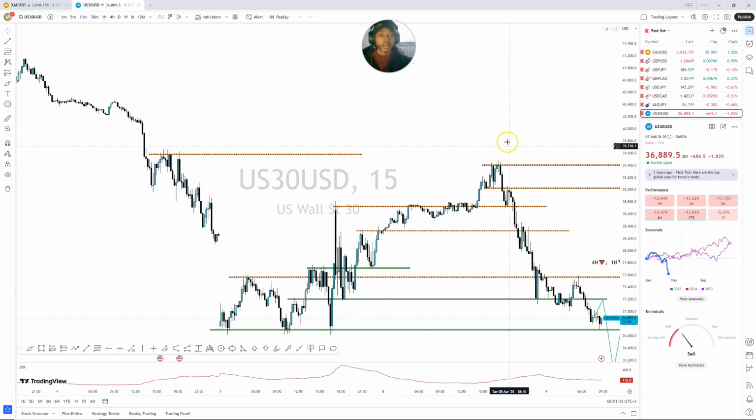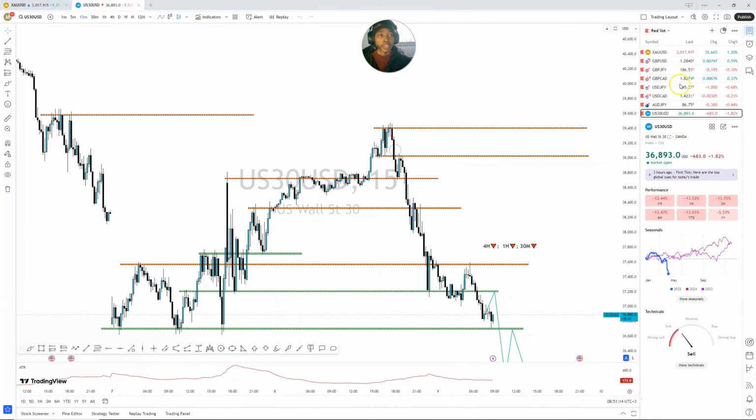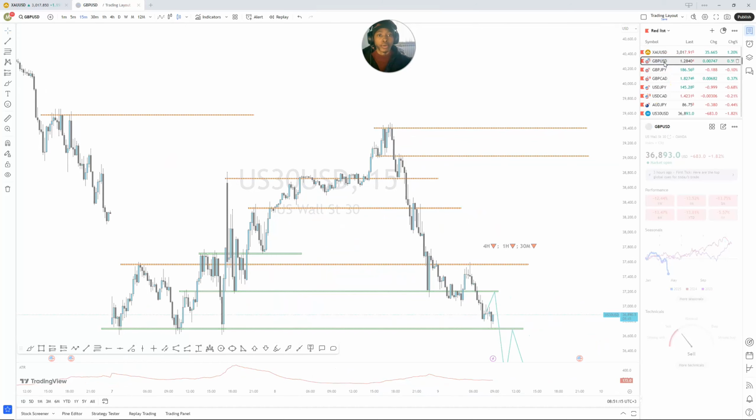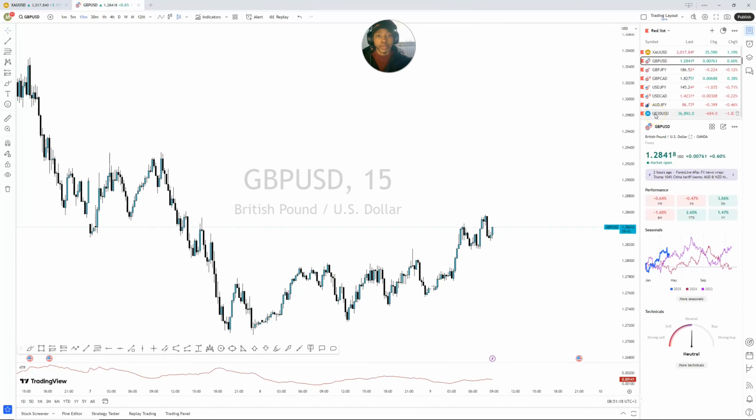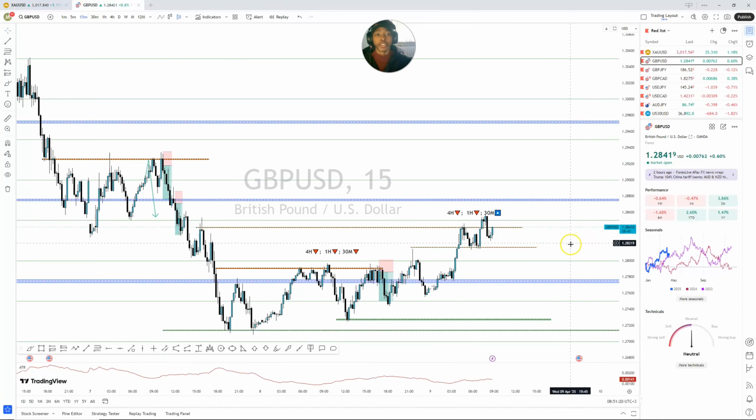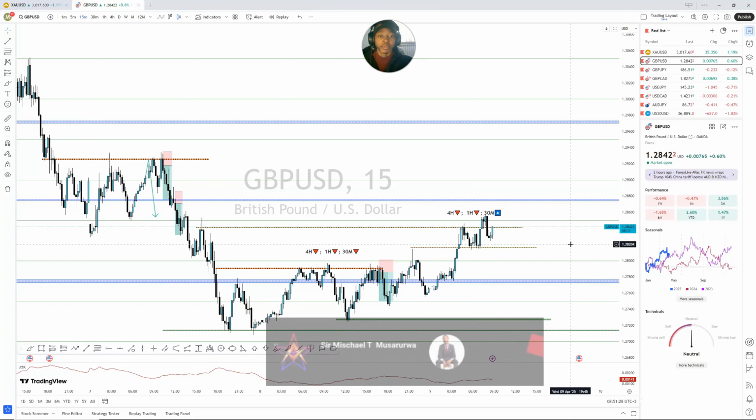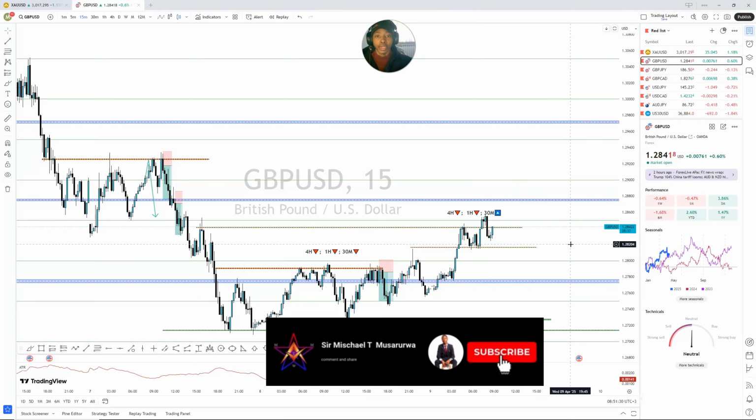And let me see my forex pairs. On GBP, I'm not going to trade it twice. The 4 hour is downward momentum, 1 hour downward momentum, 30 minutes upward momentum, and I trade 15 and 5 minutes.